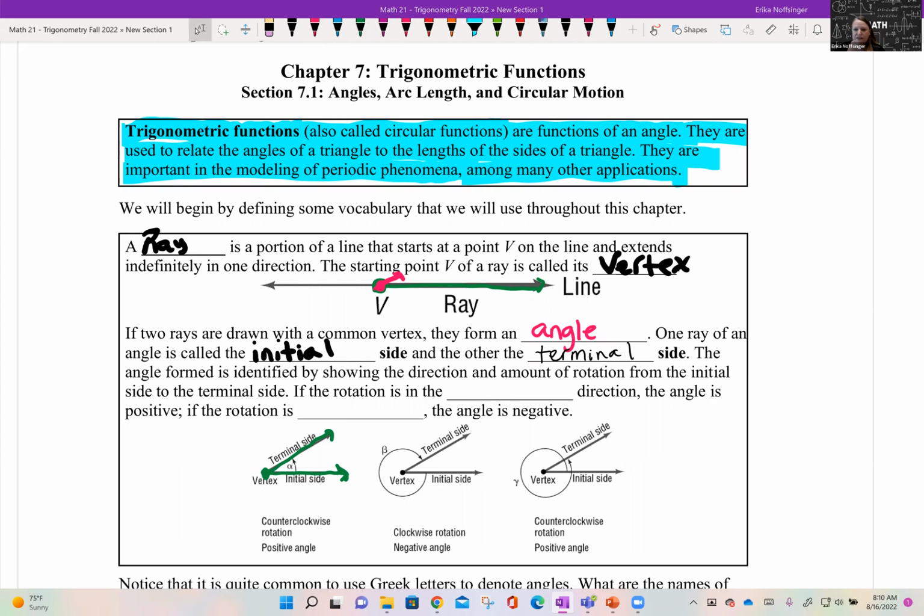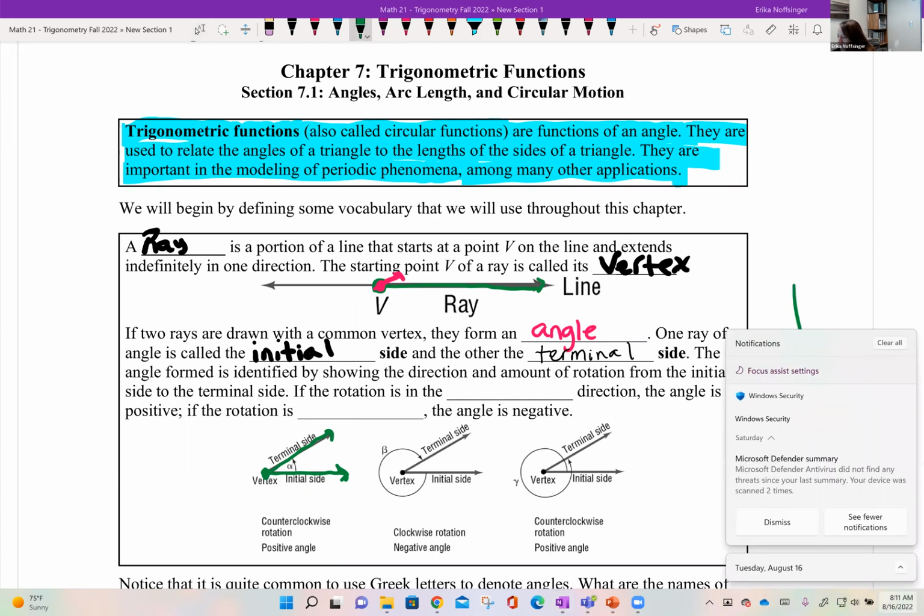Just going to pause for a second. Okay, this is better so that you can see my hand. So we have this ray in the horizontal position, starting at the origin. This is what we're normally going to do.